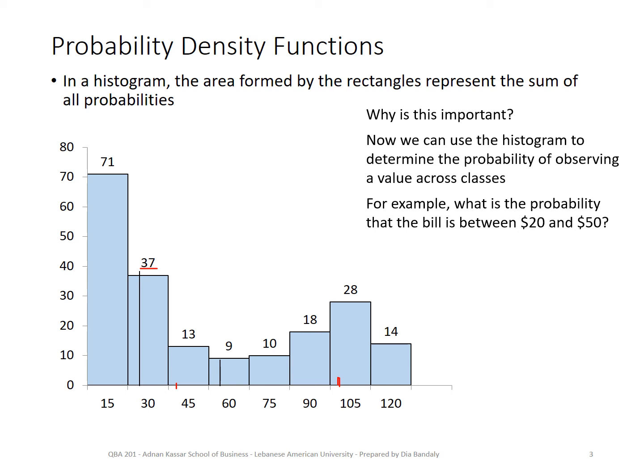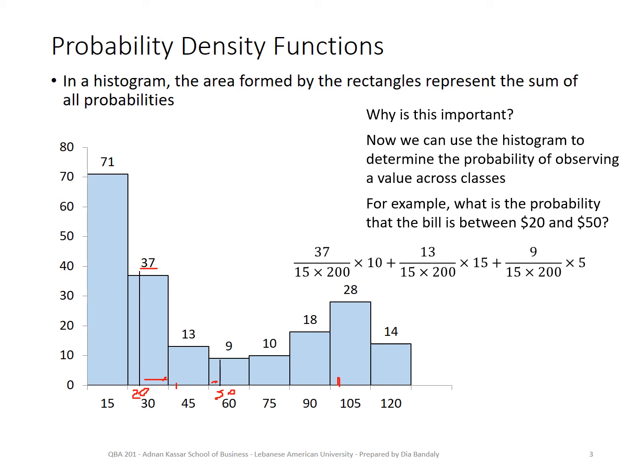If I know that this is 20, then this is 10, right? 20 to 30, it's 10. This is the base here. And this is 5, because I'm looking for 50 here. So now it's only a matter of finding areas.